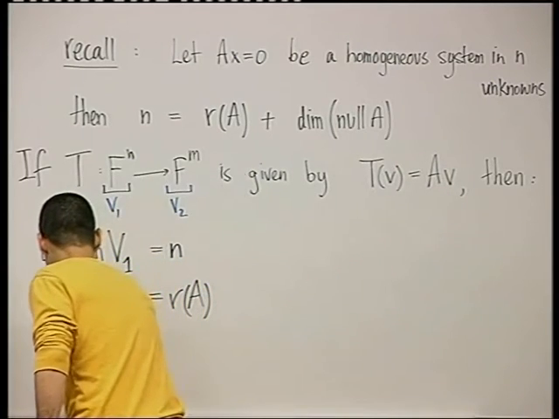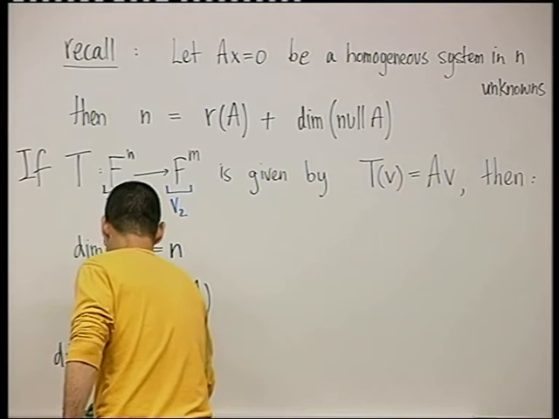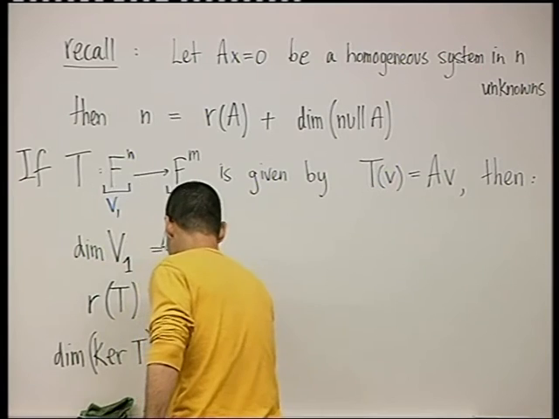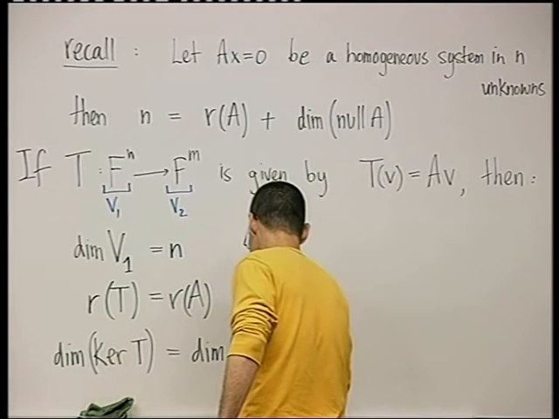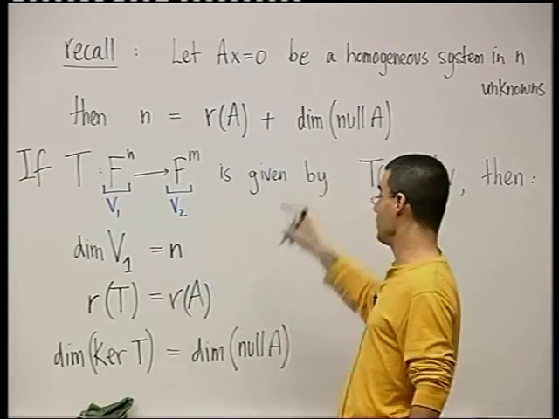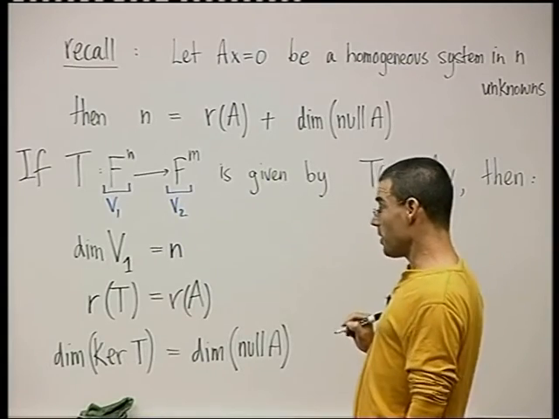So the dimension of the kernel of T equals the dimension of the null space of A, because the kernel and the null space are the same in this situation. Okay?